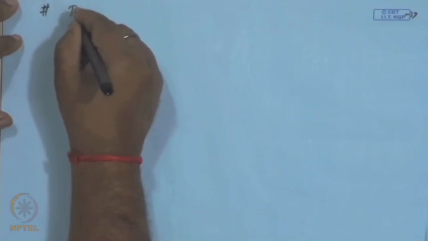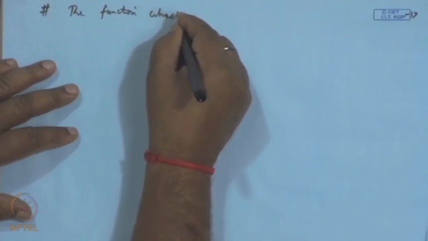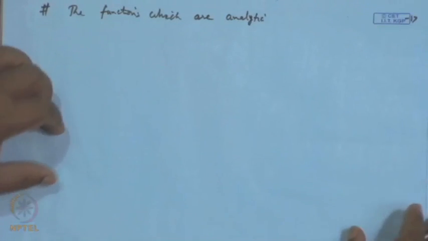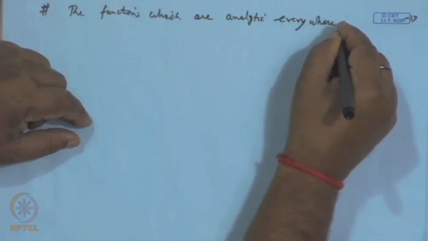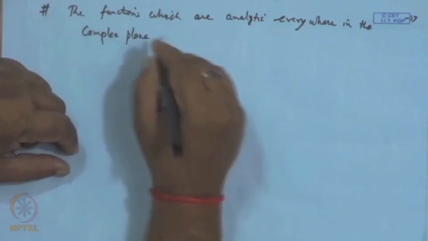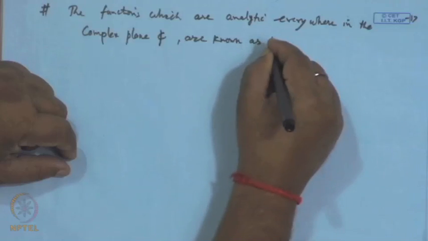The functions which are analytic everywhere in the complex plane C are known as entire functions.